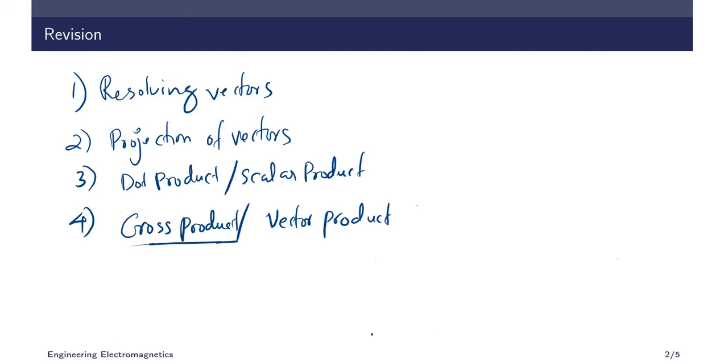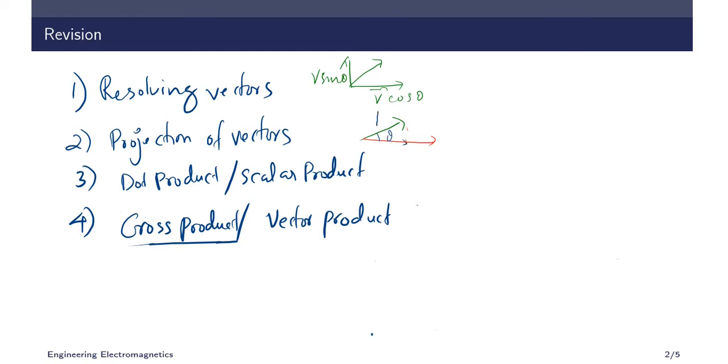So moving on to revision, in the last class what we have learned is about resolving a given vector r into two components. They are the r cos theta component and the r sin theta component. Also we have seen about projecting a vector b on another vector a.